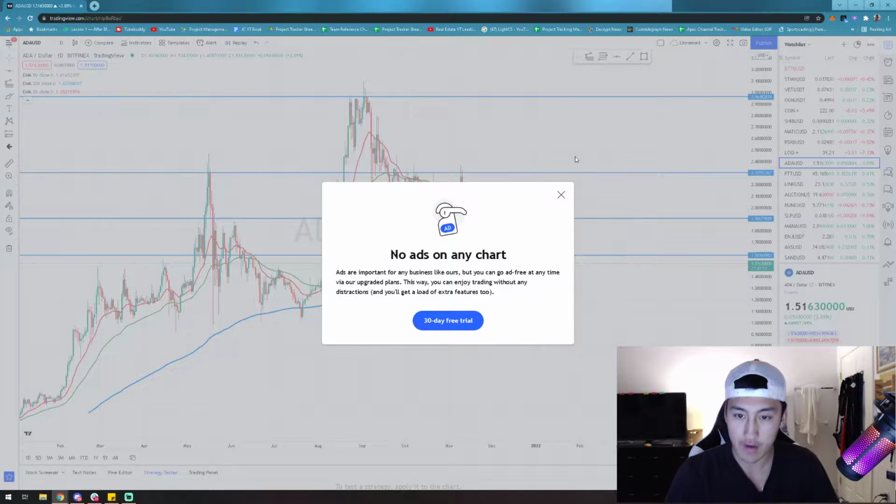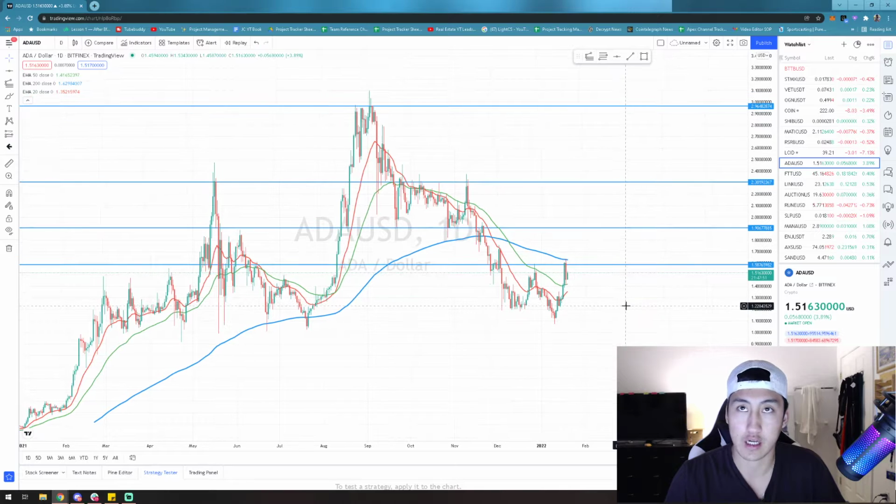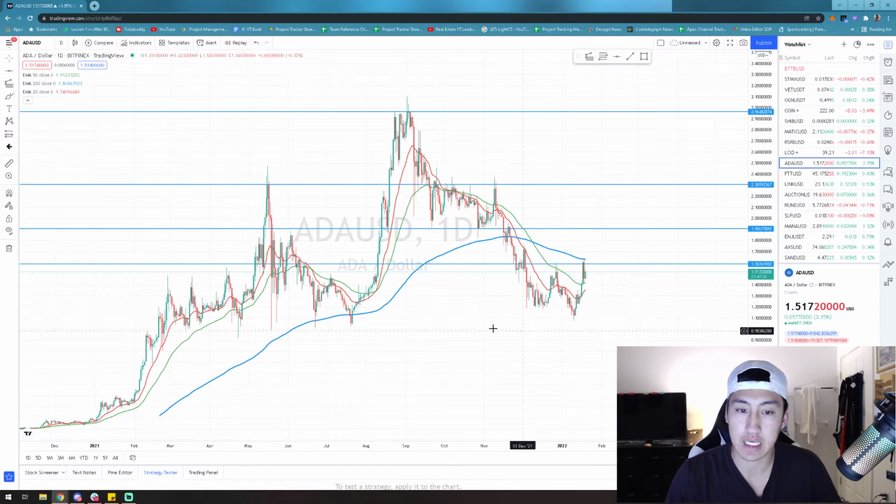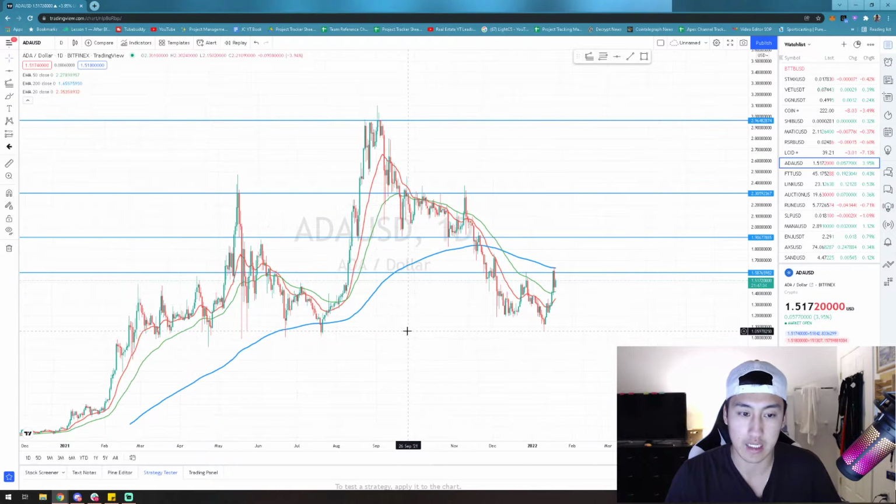First things first, we have to talk about accumulation. Long story short, you could look up the actual definition, but accumulation is pretty much the beginning of the buying process.